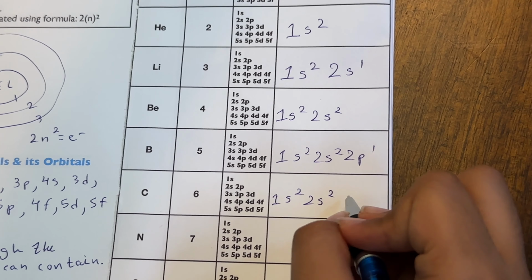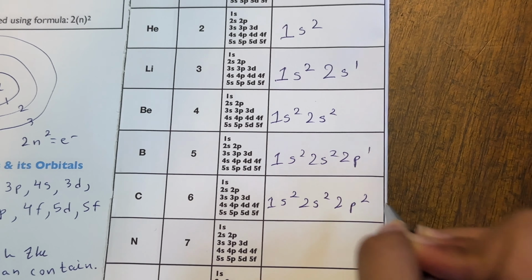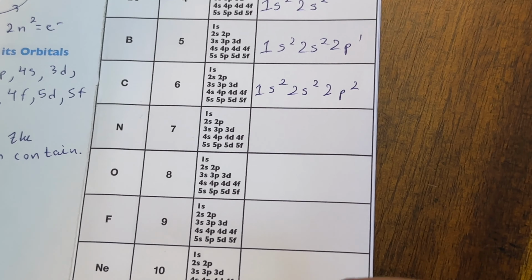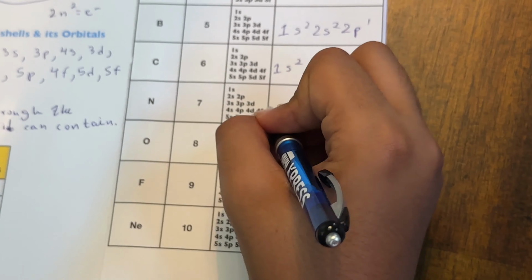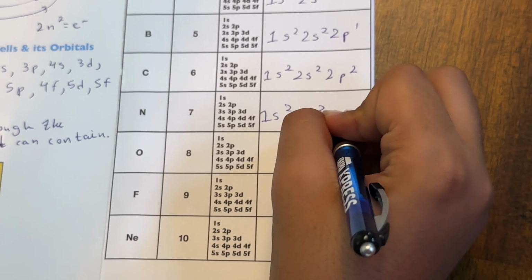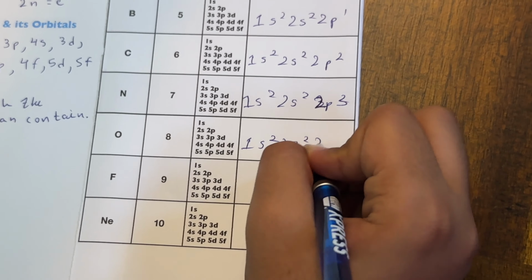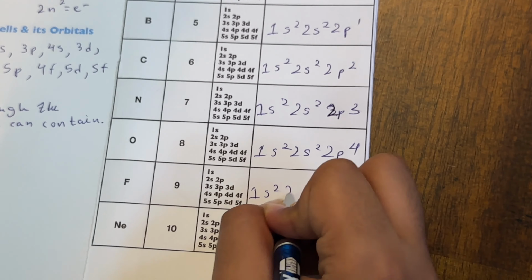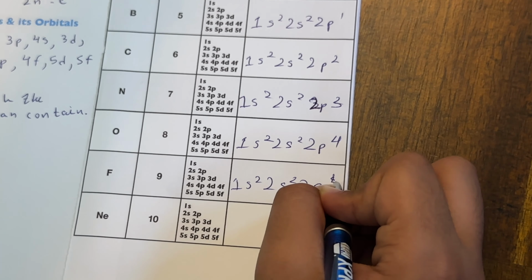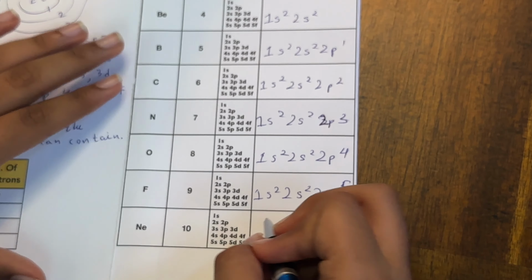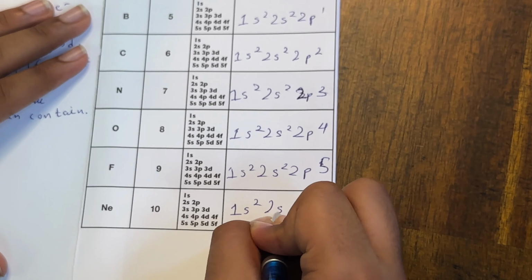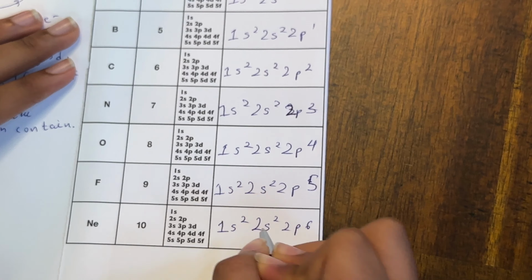And then we would have 2p to the power of 2, and that would just go on all the way till we hit 2p6, and then we go to 3s over here. I'm just doing it till 10, and there's a pretty cool fun fact I want to show you. And that's the entire thing.